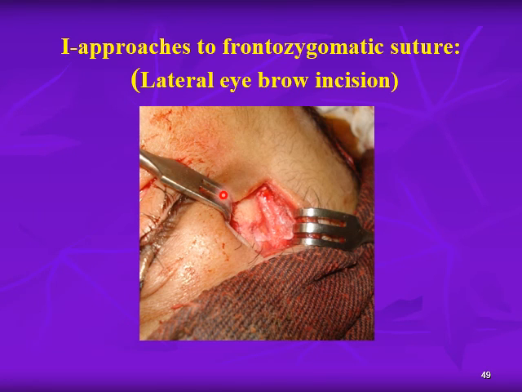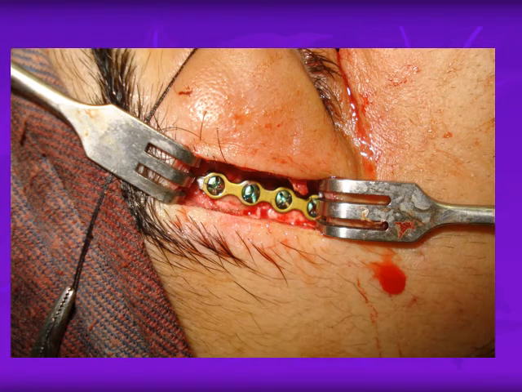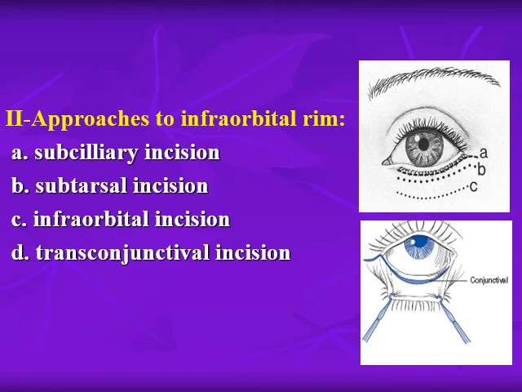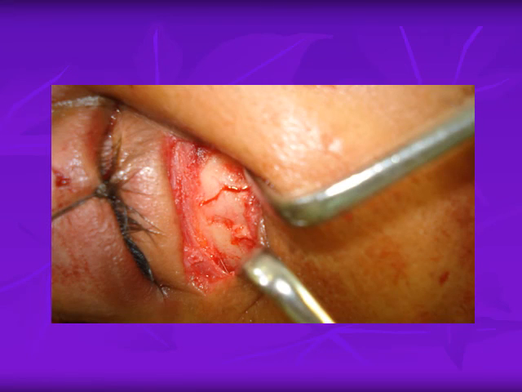This is a picture of lateral eyebrow approach. Okay, this is a 2 mm miniplate placed in the frontozygomatic area. Okay, another picture. This is the approach to infraorbital rim. We have subciliary incision, subtarsal incision, and infraorbital incision, and we have transconjunctival incision. Okay, this is subtarsal incision.